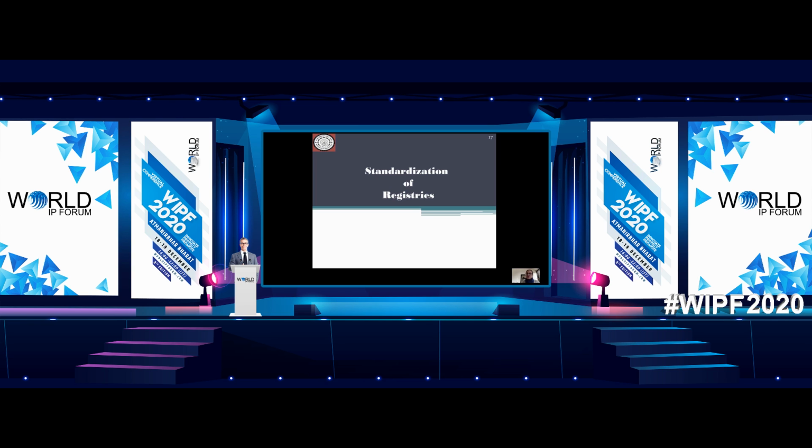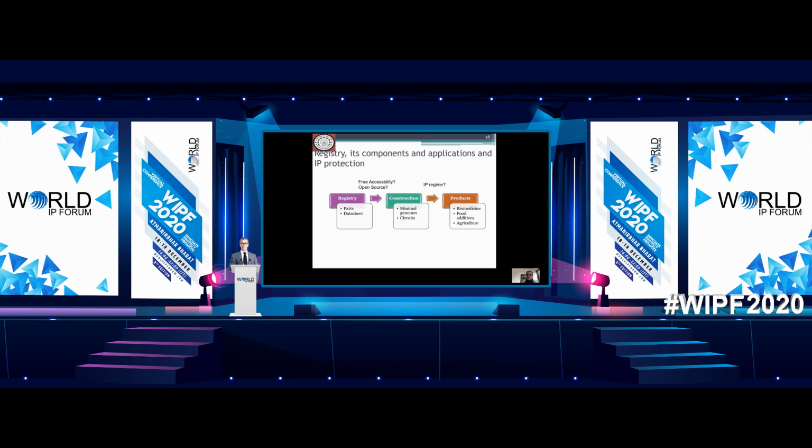So coming to the standardization of the registries, which is very important with respect to the intellectual property regime, because the registry consists of the bioparts which are available for anyone to use, or the data sheets which can be available for anyone to use for synthetic biology purposes.